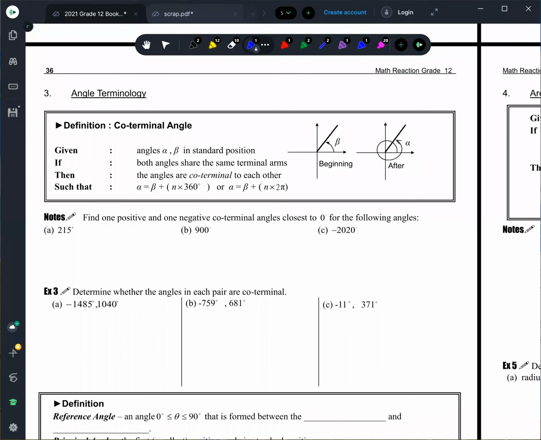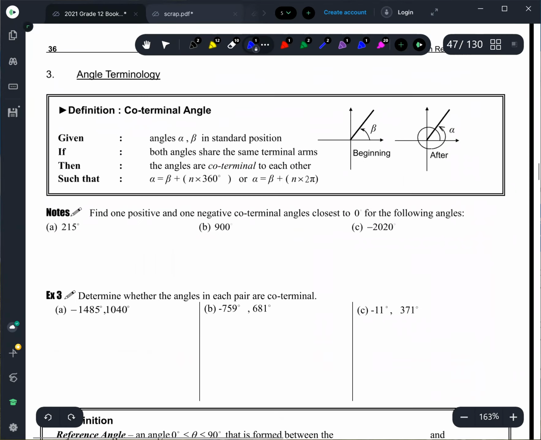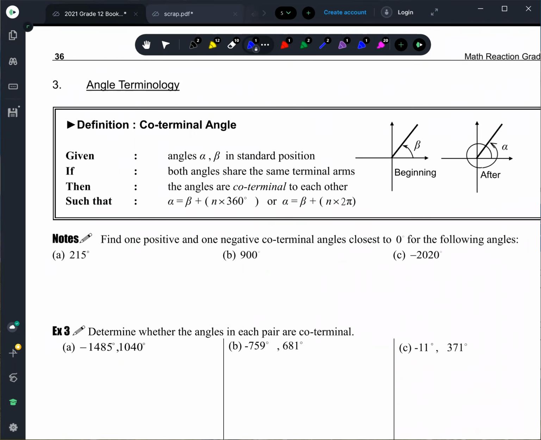So page 36 is also something we covered before in grade 11 when we talked about angles: reference angle, principal angle, and here is a coterminal angle. So let's look at some definitions. We'll go over these ones.